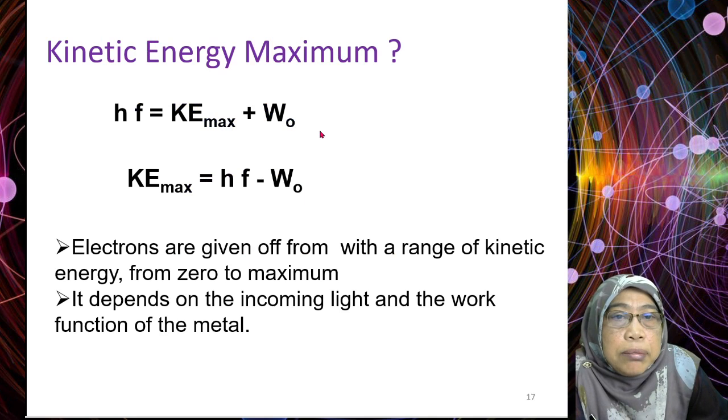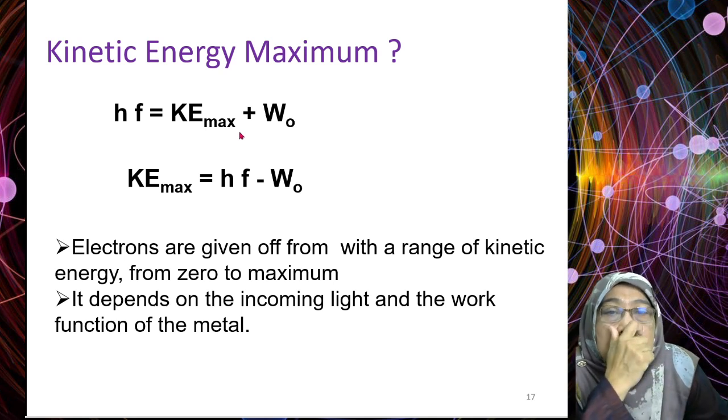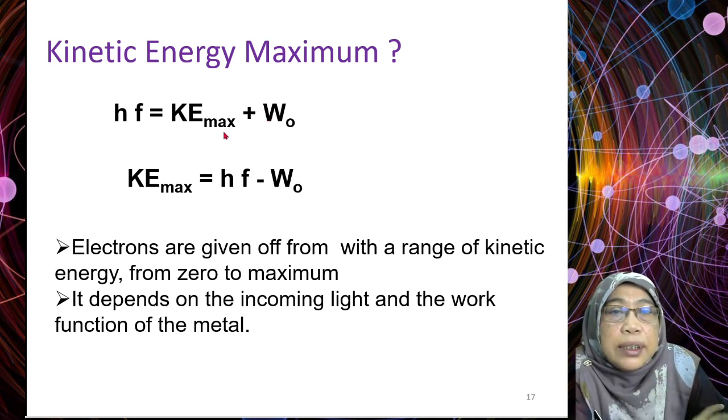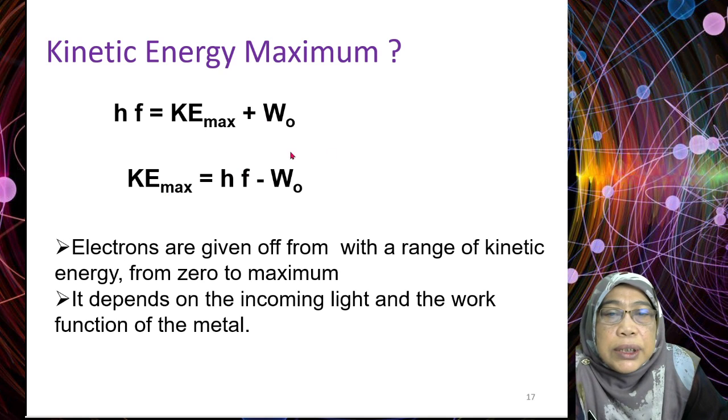Okay, the next one is maximum kinetic energy, where you have the Einstein equation: photon energy equals work function plus maximum kinetic energy. So you just rearrange the equation. Maximum kinetic energy equals the photon energy, h times f, minus the work function.